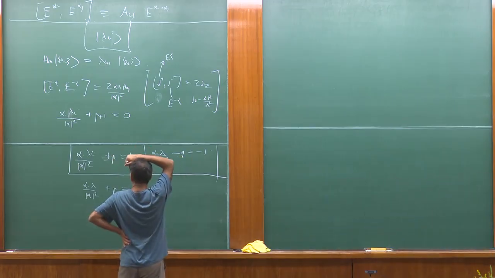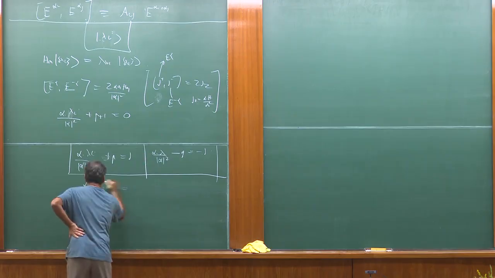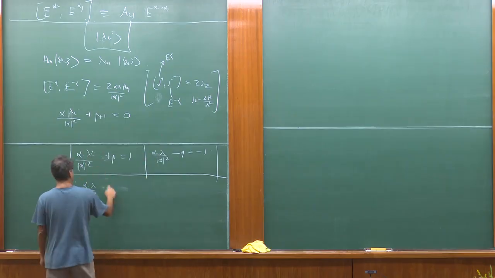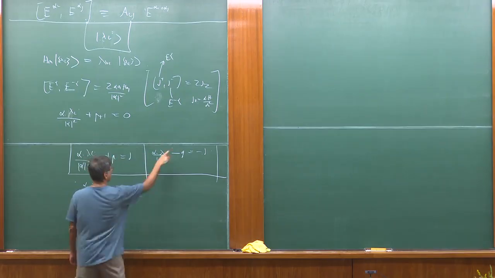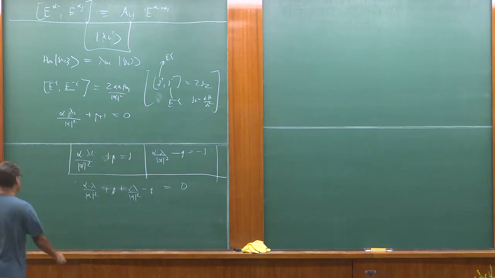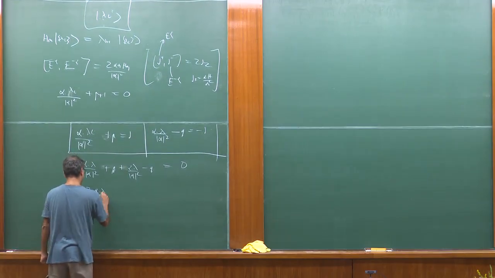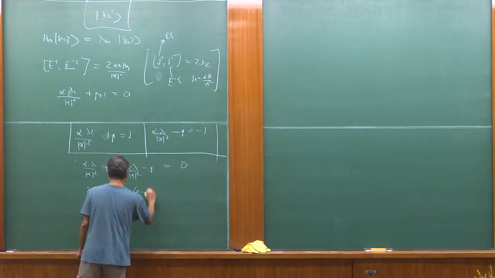Let's see, what am I doing wrong? Yeah, if we get this plus this, I'm adding left hand sides. So this plus p plus alpha dot lambda divided by mod alpha squared minus q is equal to 0. Just by adding. And so we conclude that 2 times alpha dot lambda divided by mod alpha squared is equal to q minus p.